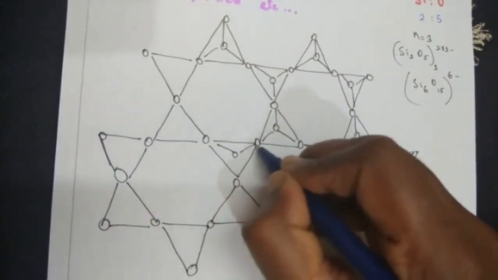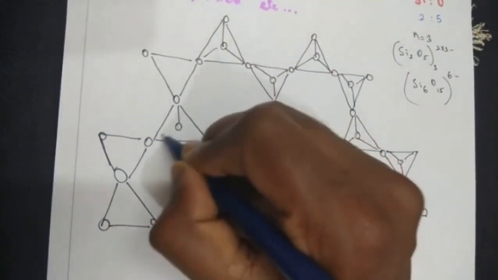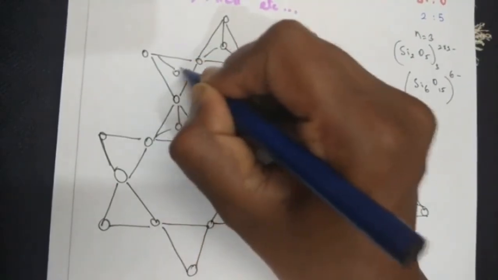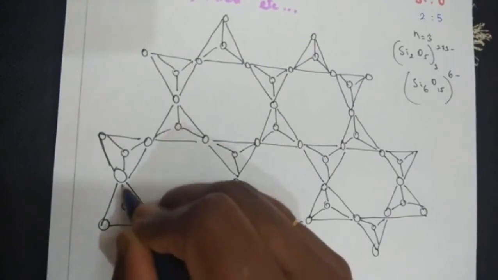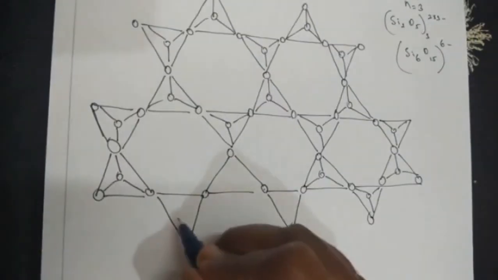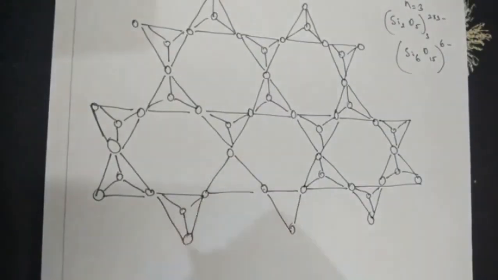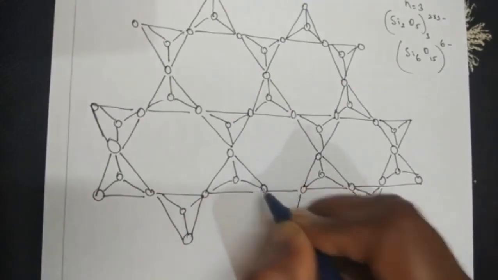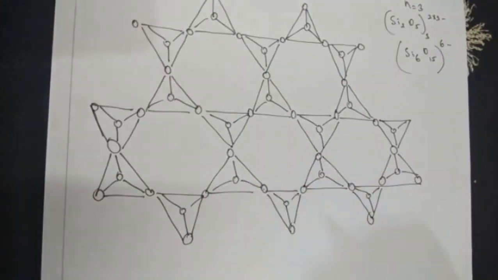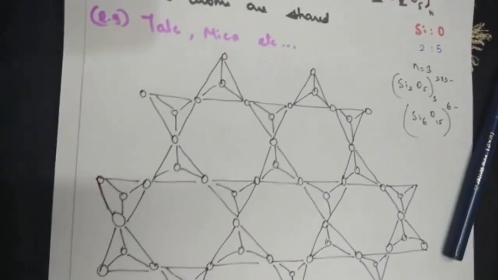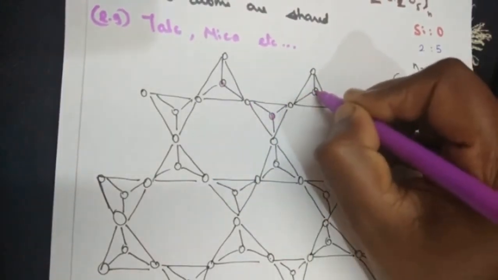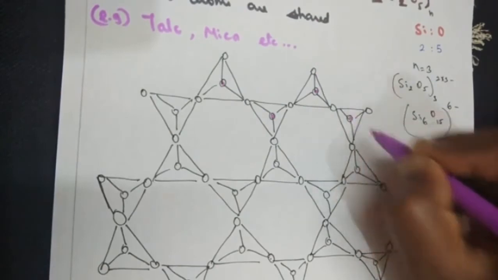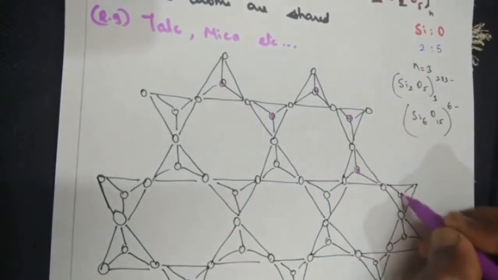For every triangle, you have to show the oxygen behind the plane. Done. Next, what we have to show? 4 oxygens are bonded to silicon. Remember, the silicon atom should come right in between the triangle.